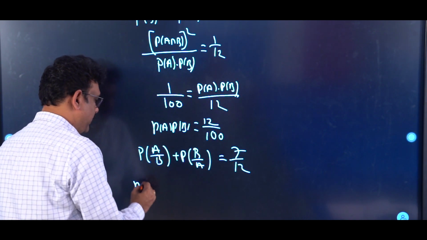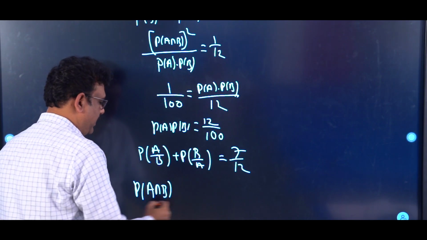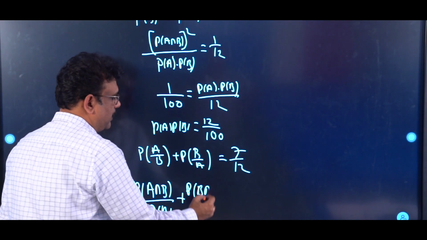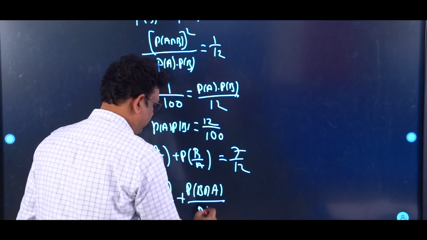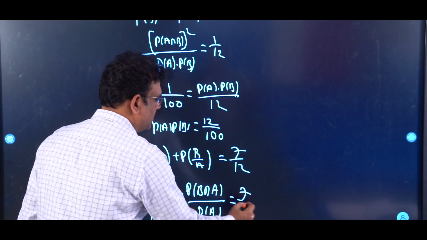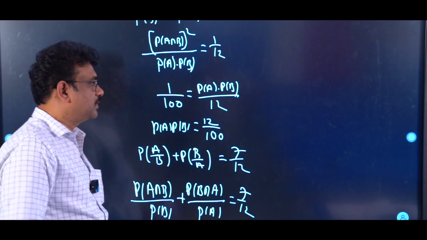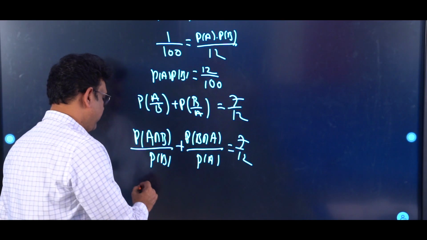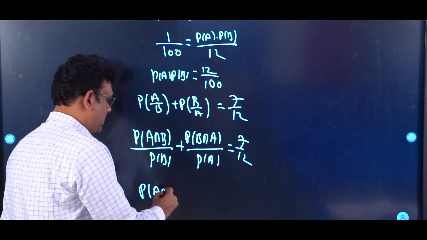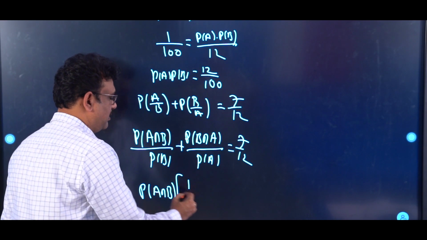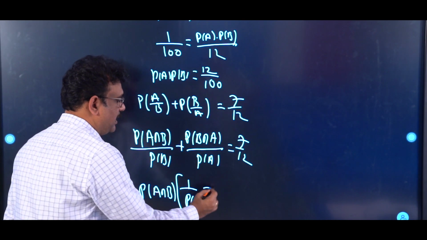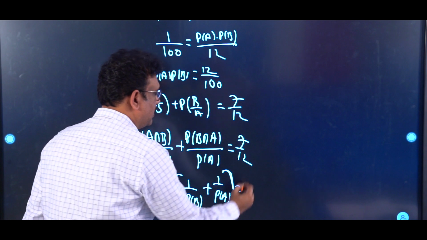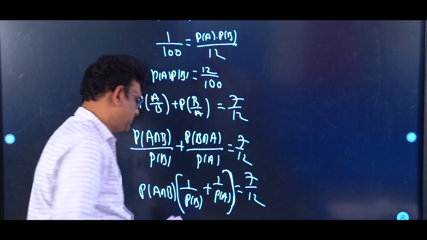So that is P(A ∩ B) by P(B) plus P(B ∩ A) by P(A), that is equal to 7 by 12. So now taking common P(A ∩ B), we get P(A ∩ B) into 1 by P(B) plus 1 by P(A) is equal to 7 by 12.